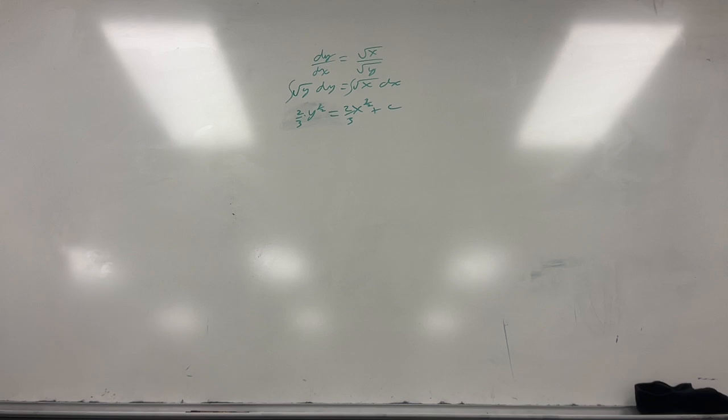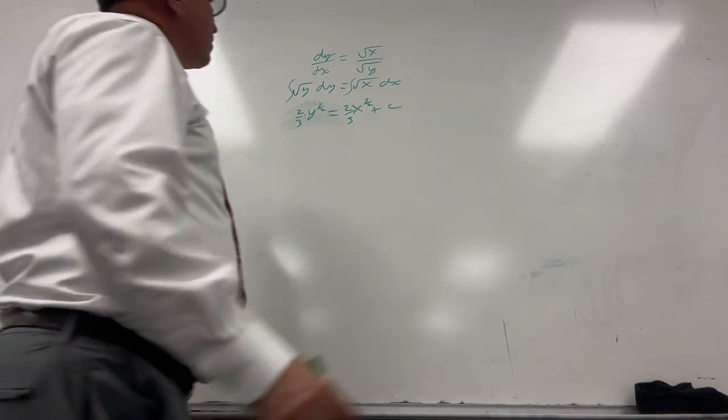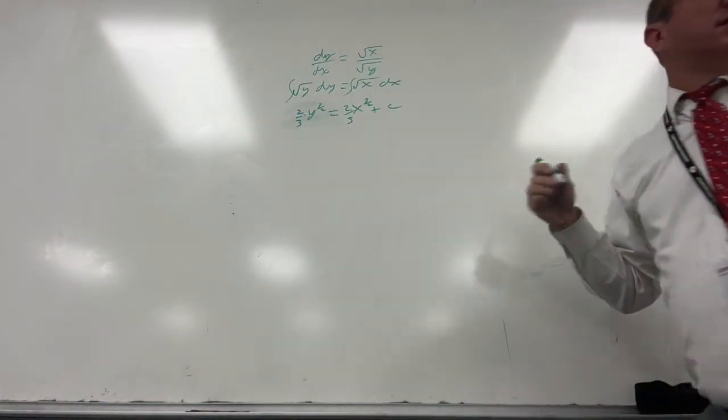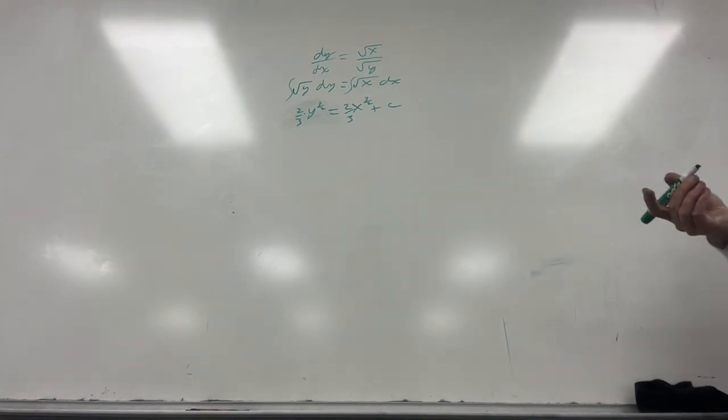Are we okay here? But if you said before that the antiderivative of dy is y, then why wouldn't you have an extra y? I mean, it's just times one. What is the derivative of y? 1.